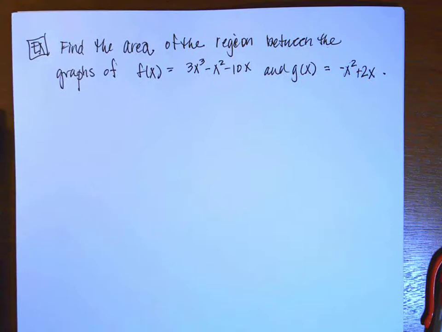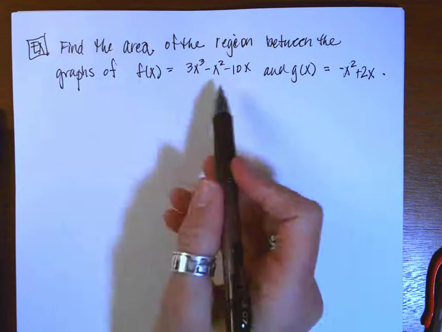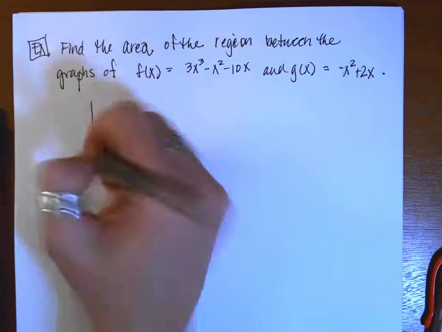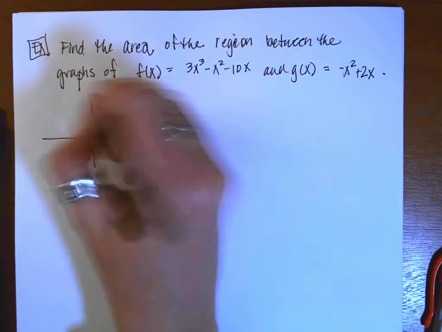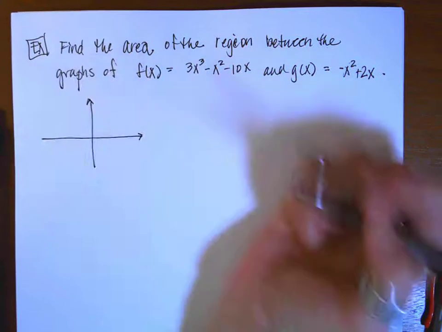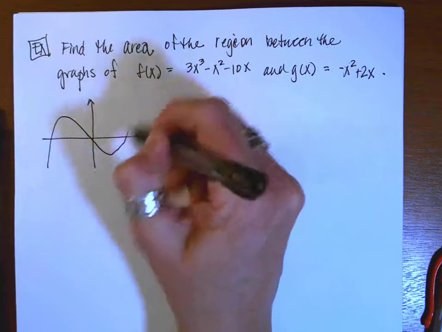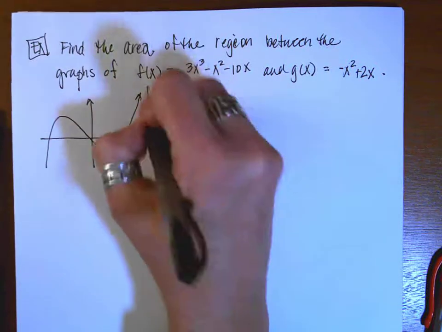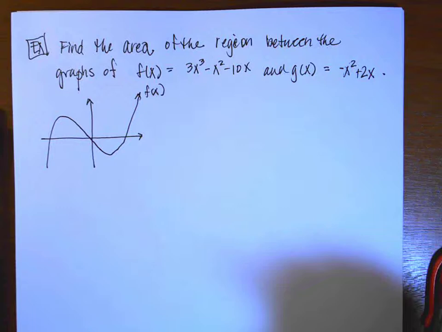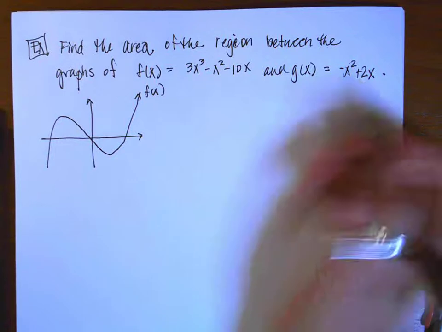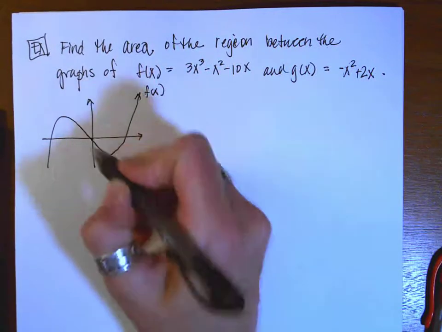All right, so again, because you often have to do math without a calculator, let's graph these. And I actually cheated and used a calculator to find my graph. Okay, so my f of x is going to look something like this. There's f of x. And my g of x, which is just a little upside down parabola.